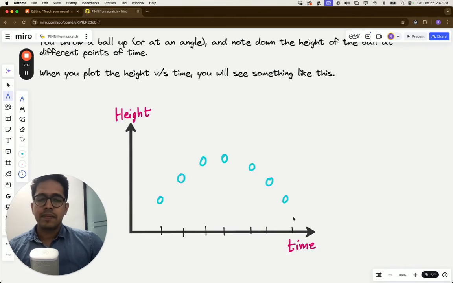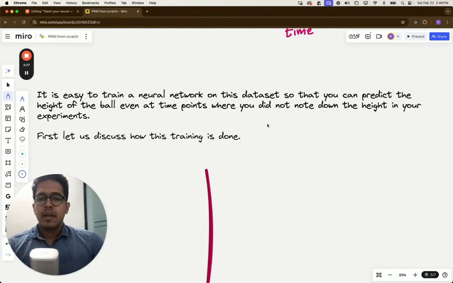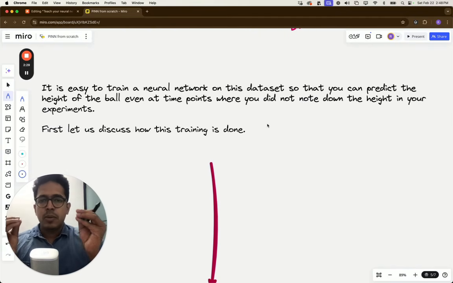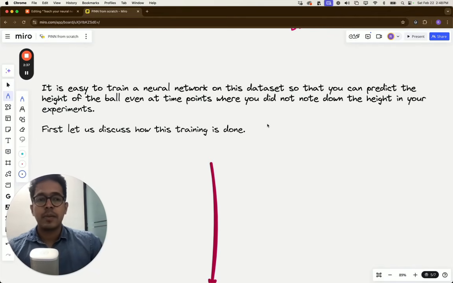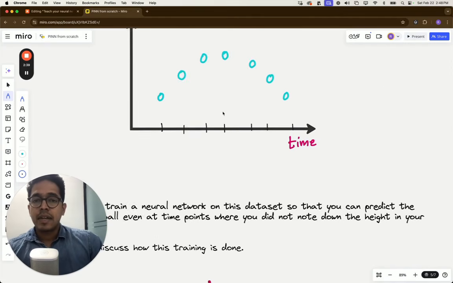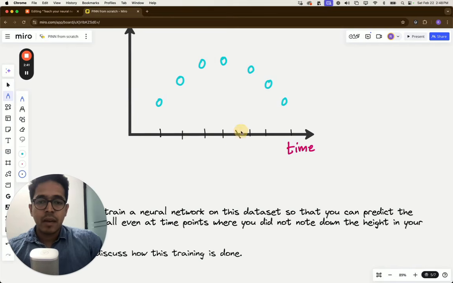And now you have a kind of a function which correlates your time to height. Although this is experimental, it is very much possible to train a neural network using just this data set, so that you can predict the height of the ball even at those time points where you did not perform an experiment. Meaning, even for this time point where you don't have any data available, you can train a neural network to make a sensible prediction, something like this.